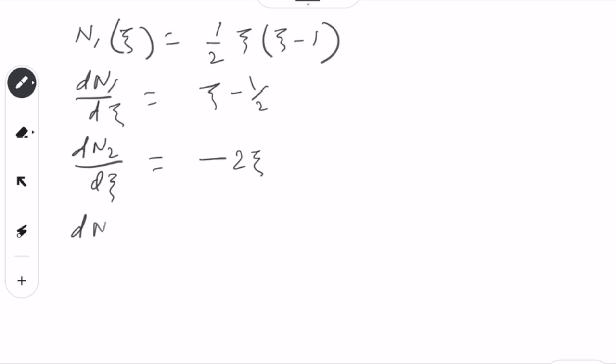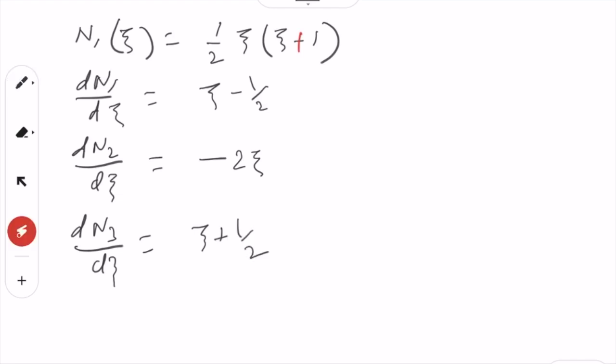Then dN3 over dxi was xi plus half, because the value will be xi plus 1, so you have xi plus half here.